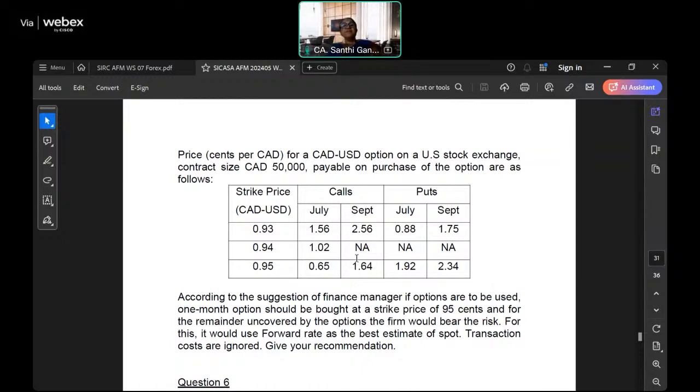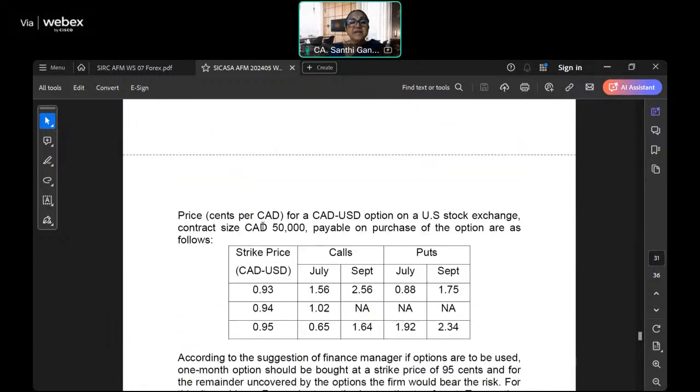Now, one very important thing to note here is the strike price is given in US dollar, whereas the premium is given in terms of cents. That we should observe. The price of the option, which is the premium, is cents per Canadian dollar.